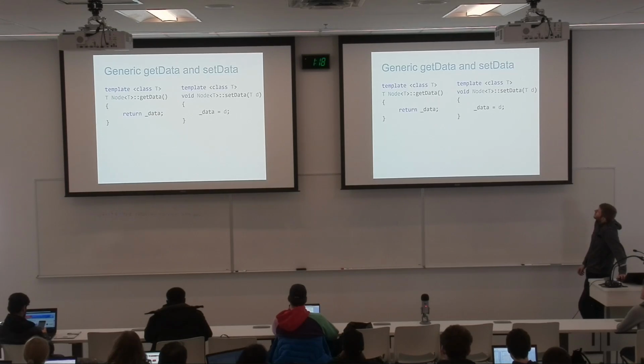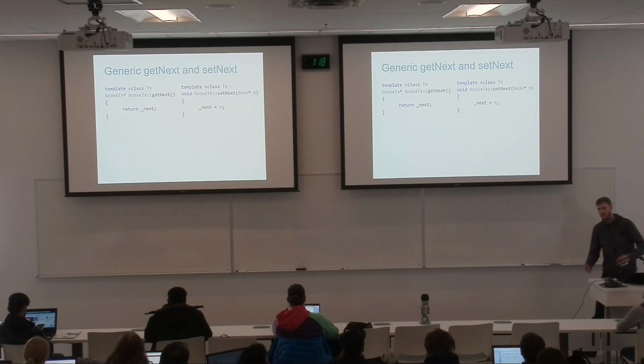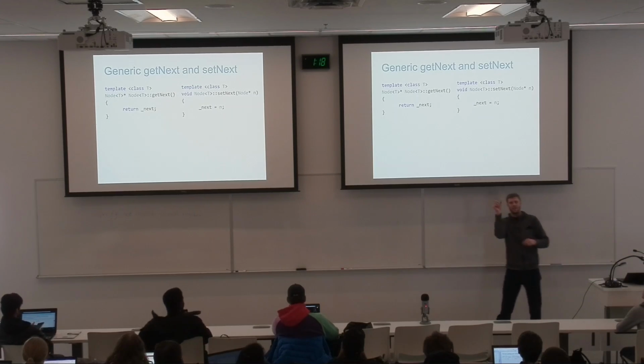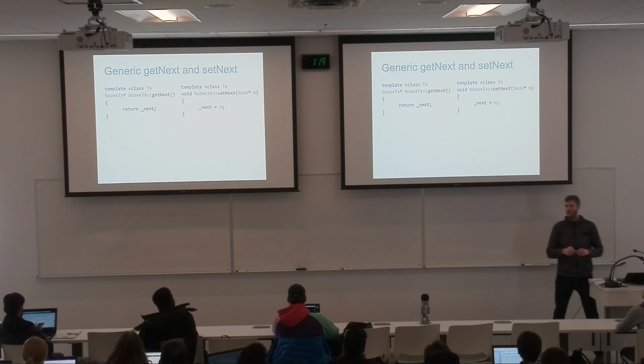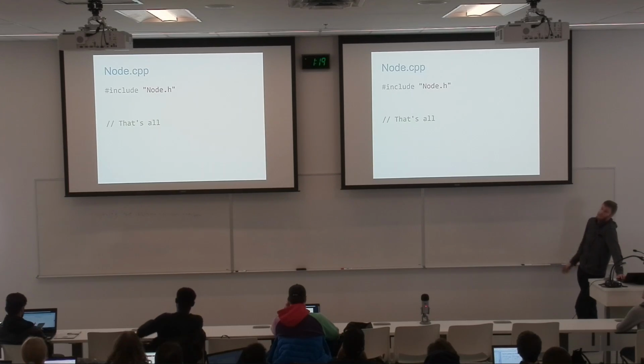Getters and setters for the data. Basically the same as before, and getters and setters for next. Basically the same as before, but of course, again, these are in the header file, and we put that template T and use the T for the type instead. And this is what the CPP file will look like.